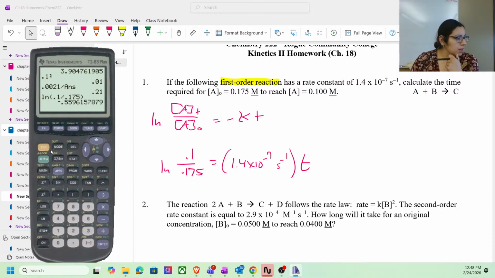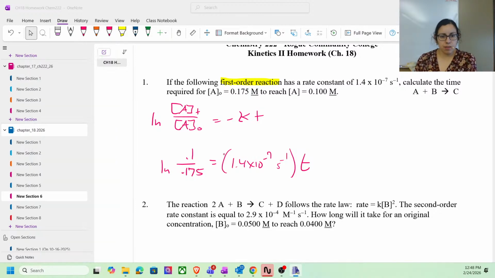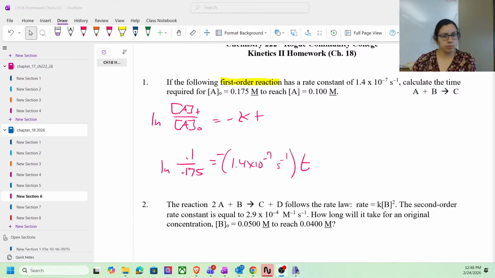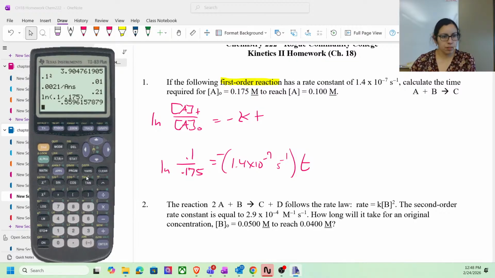So then natural log, and then we have a negative sign, so that makes sense. Times -1. Sorry, just trying to get rid of this sign. Then divided by 1.4 times 10 to the -7.